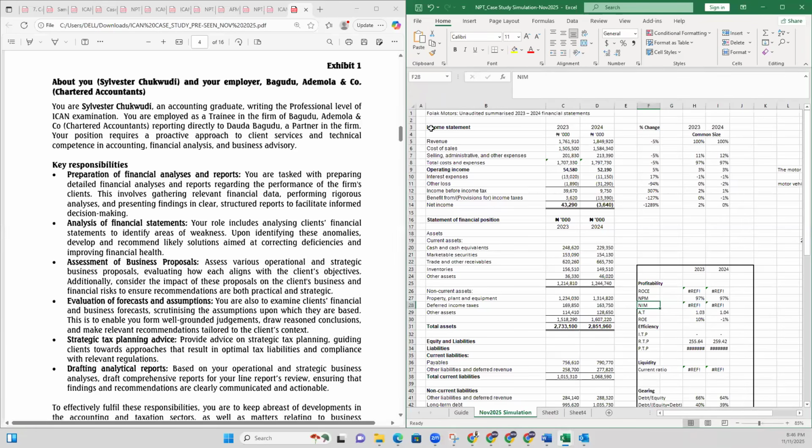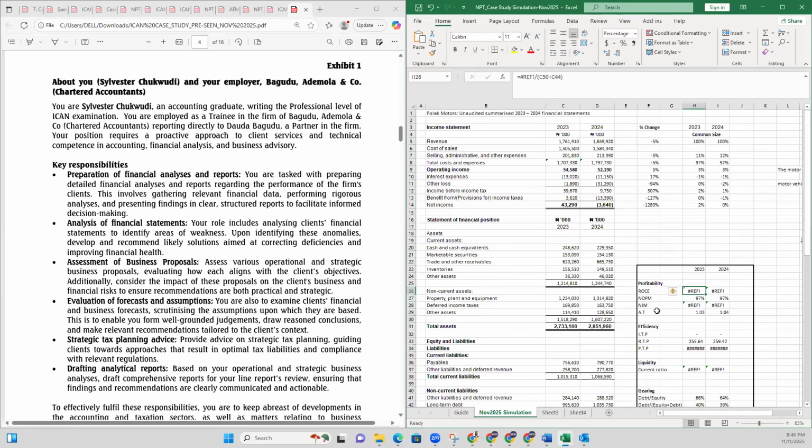This one you can call net operating profit margin. Create your ratio. That's one thing about ratios, it is very beautiful. You can create asset turnover. Maybe ROE might not be necessary.